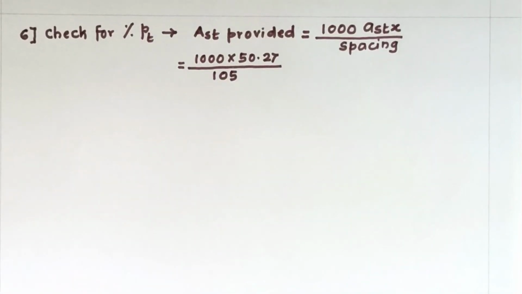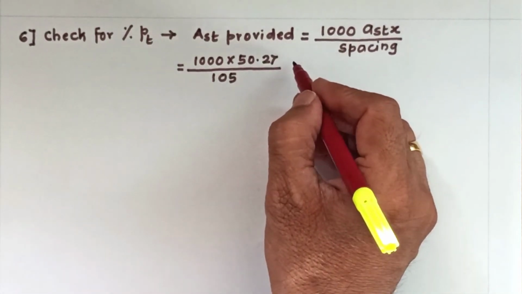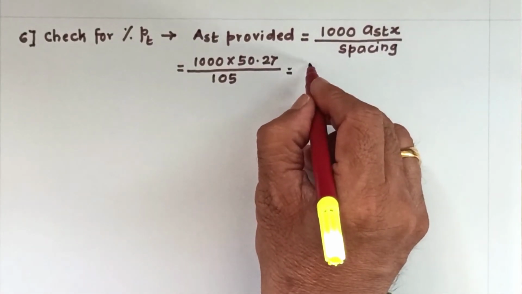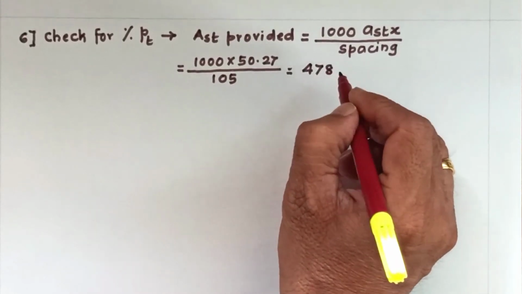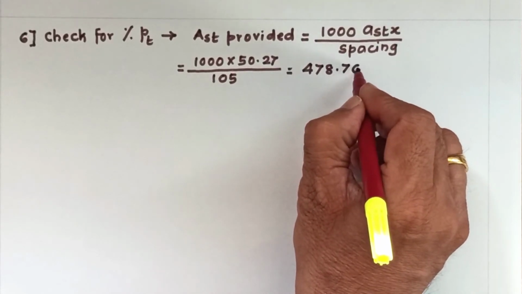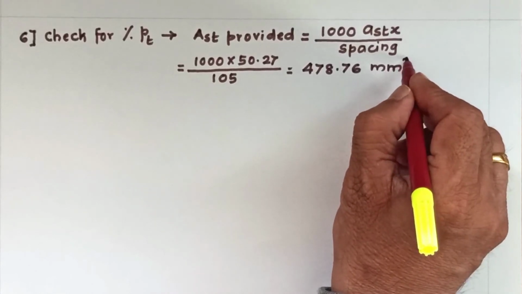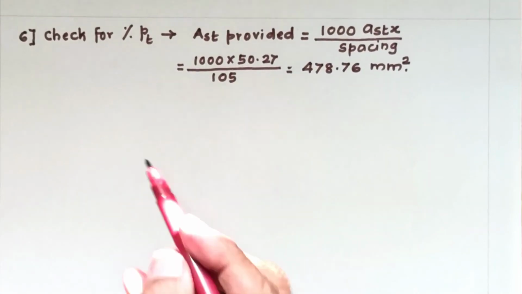Spacing calculated was 108, but we have provided 105, so more steel is provided than we calculated by the formula, which comes out to be 478.76 mm square. This is the actual AST provided.